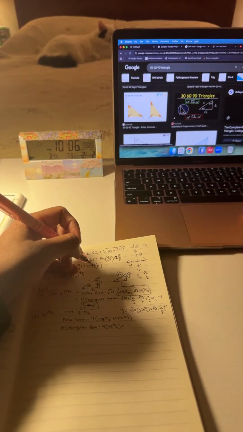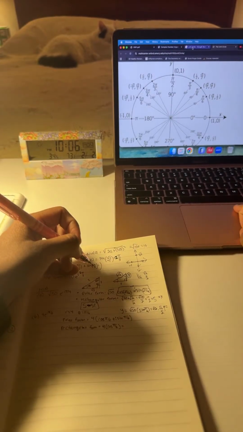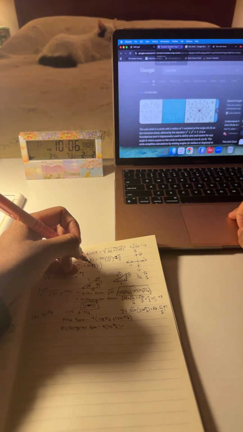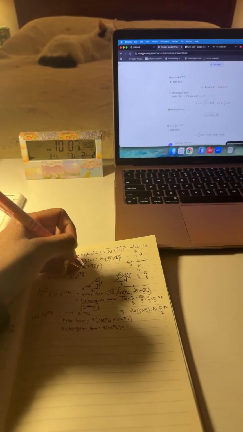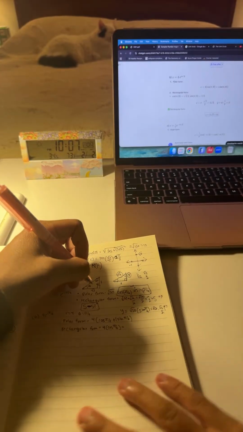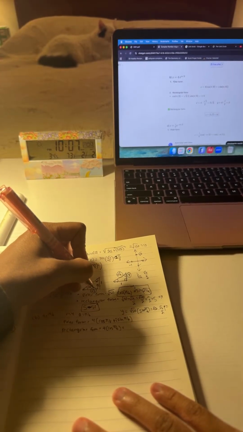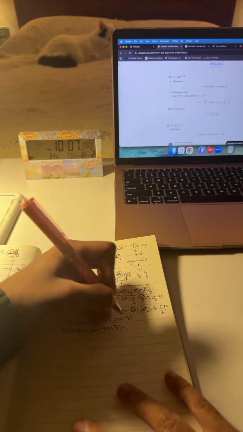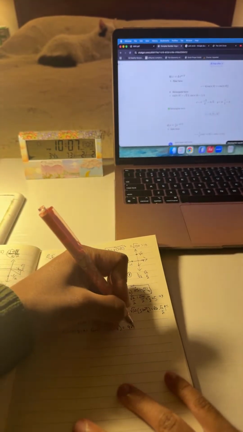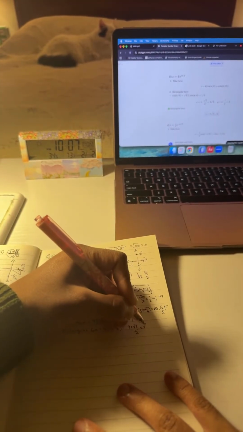I forgot my reference triangles. It is root 3. Root 3 over 2. So it's adjacent. Cosine is adjacent over hypotenuse. Equals 4 times root 3 over 2 equals 2 root 3.